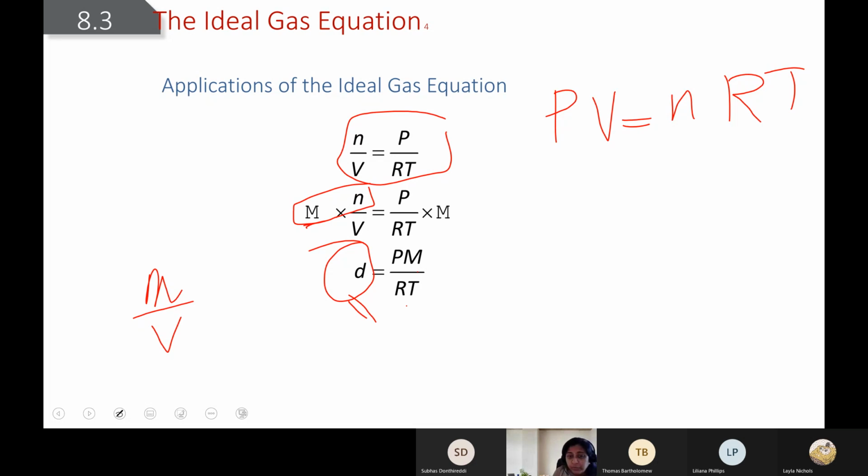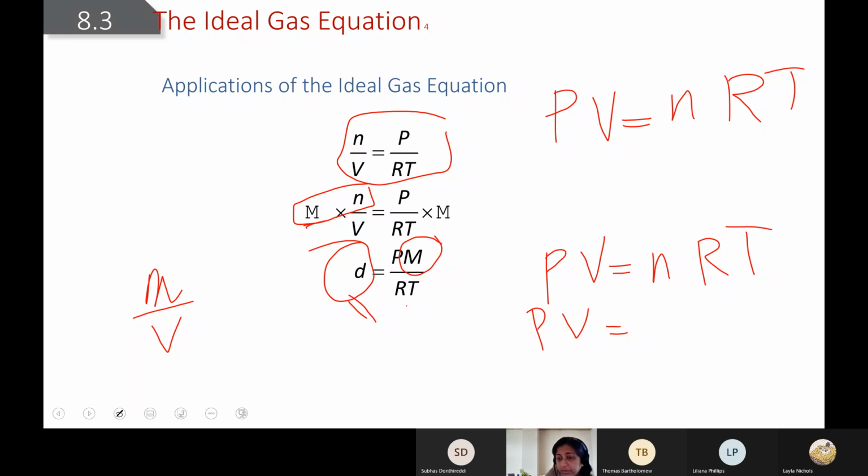Or if you know the density, the amount and the volume, you can find the molar mass even, from a gas law equation. How can you find the molar mass? Yes, PV equals nRT. Then I would say PV equals, what is moles?